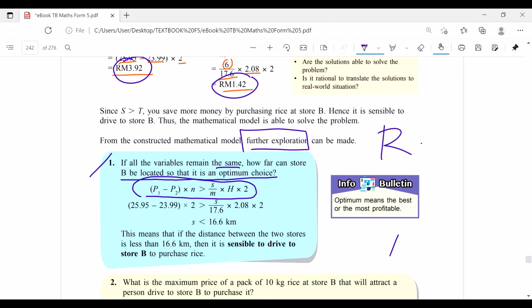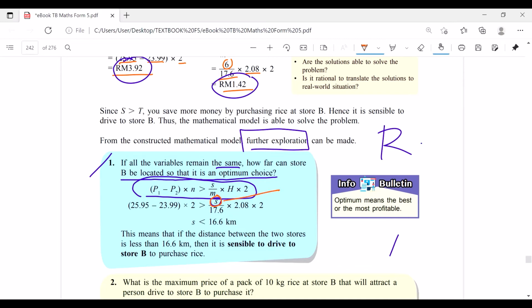And this time, you keep the distance. S is the distance between store A and store B. This is what you want to know. How far can store B be located?